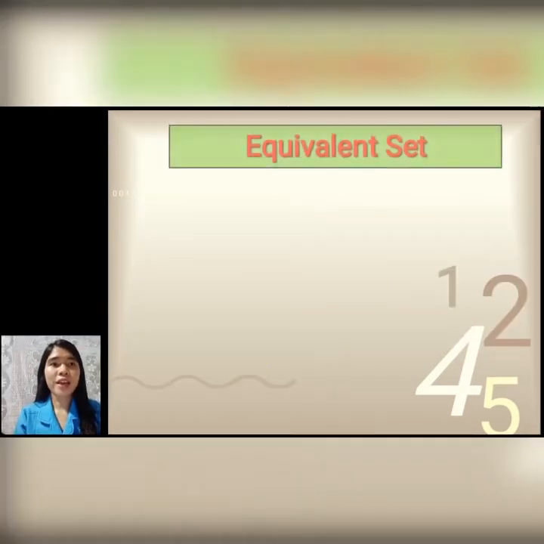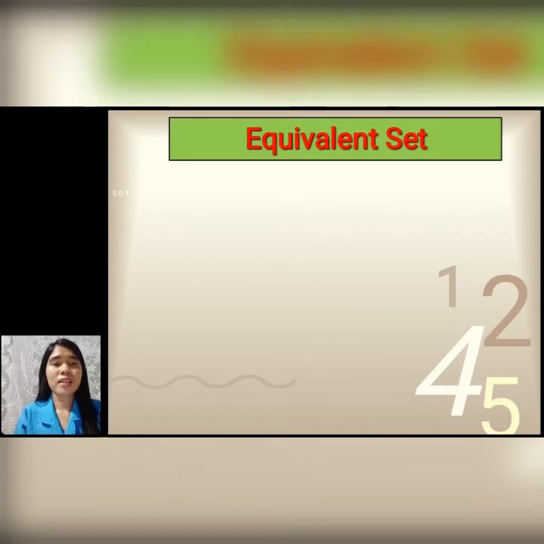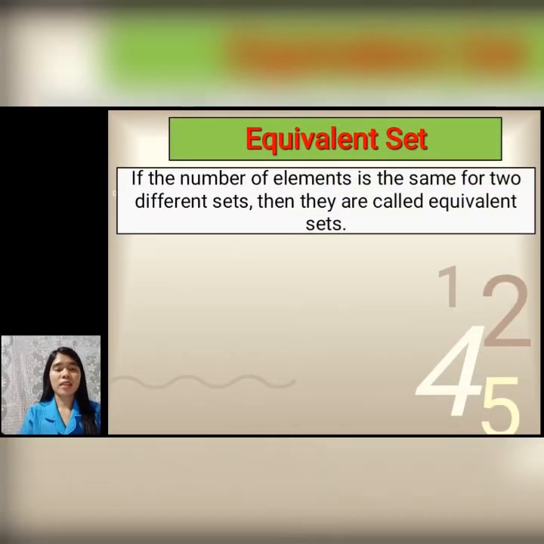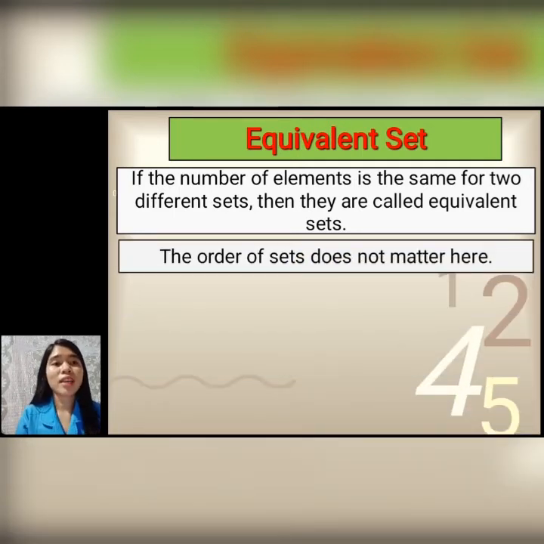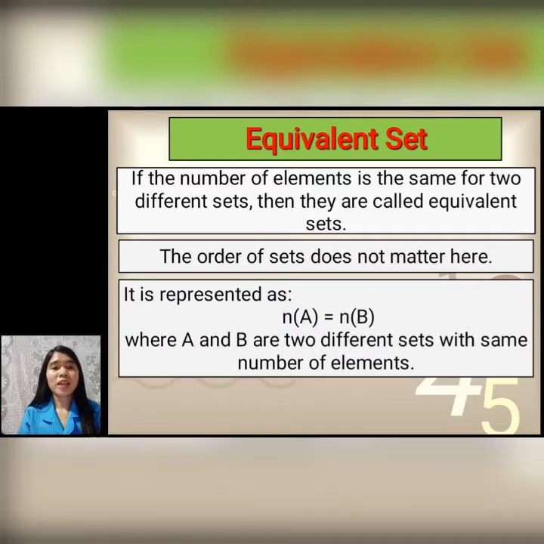Next, we have here equivalent sets. Let's define equivalent sets. If the number of elements is the same for two different sets, then they are called equivalent sets. The order of elements does not matter here. It is represented as set A is equivalent to set B, where A and B are two different sets with the same number of elements.